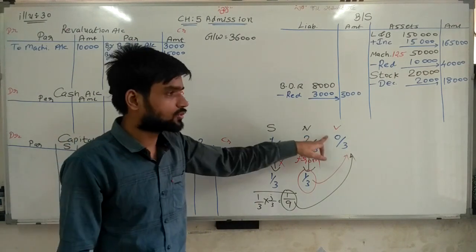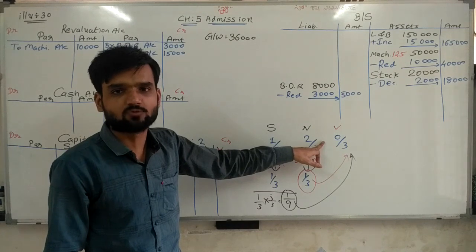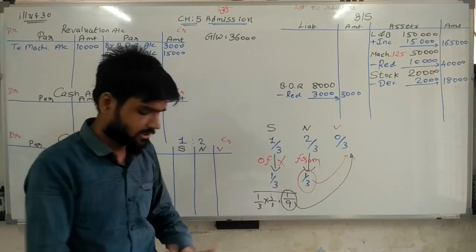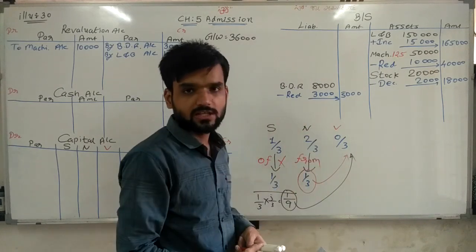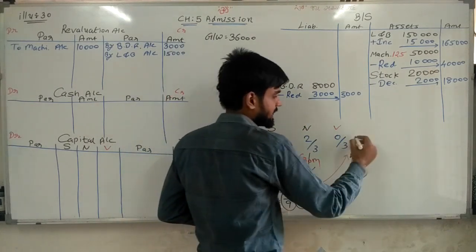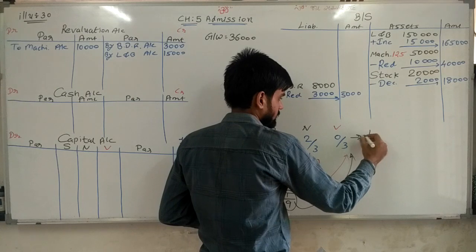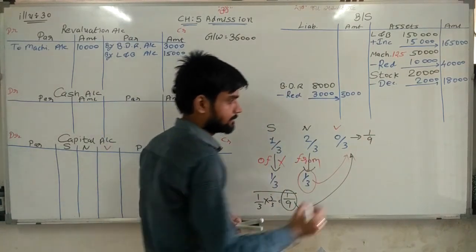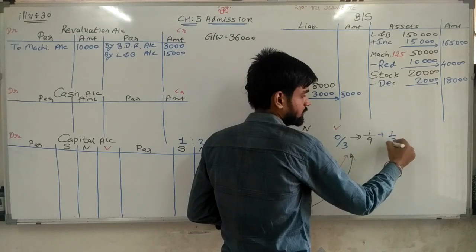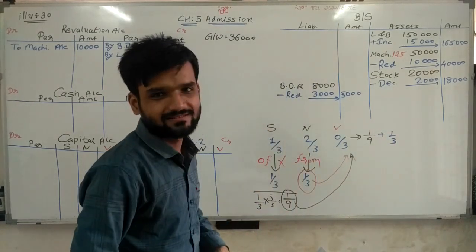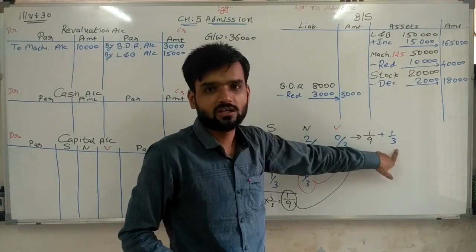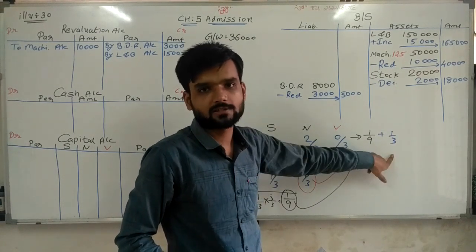Now the total ratio received by Vijay is what? So 1/9 plus 1/3. So I am finding Vijay's ratio. Vijay gets 1/9 plus 1/3. Now we can directly calculate. Here the denominator is 9, here 3. So make it the same first.